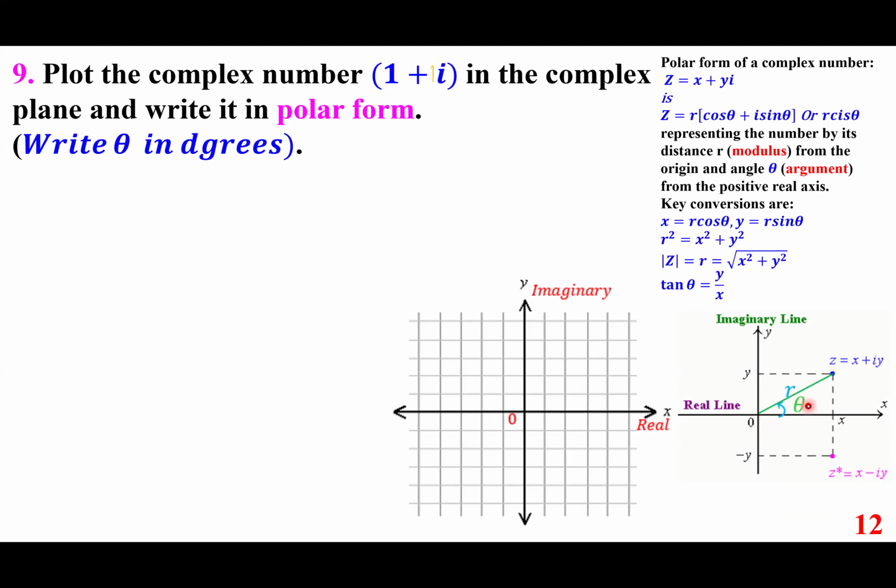This is the argument theta. z is x plus iy, and its complex conjugate, remember a plus bi becomes a minus bi, they call it z star, z bar, z prime, depending on the text, is x minus iy, the complex conjugate. Okay, so I hope everybody's okay with that.